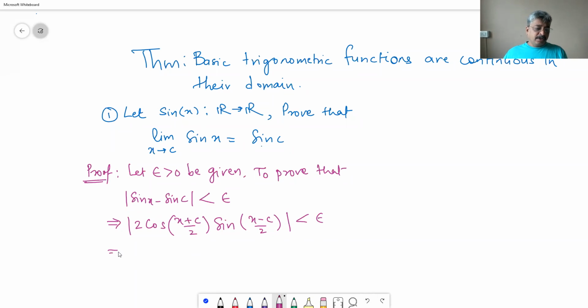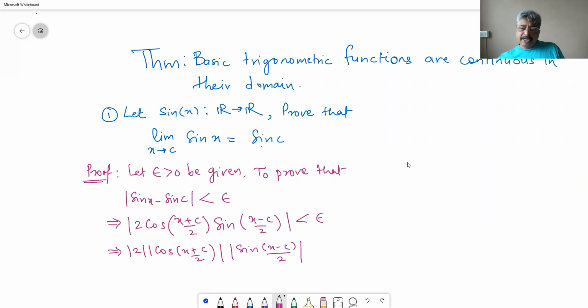Therefore, mod 2, then mod cos((x plus c)/2), which is a multiplier function of x, and then you have sin((x minus c)/2). Is that correct?